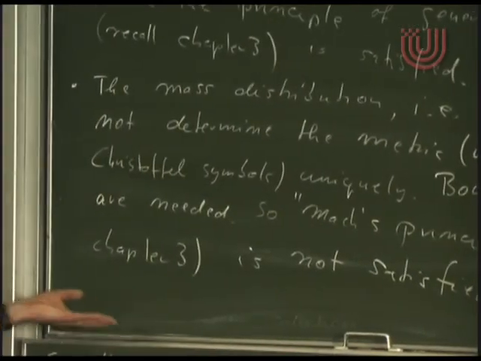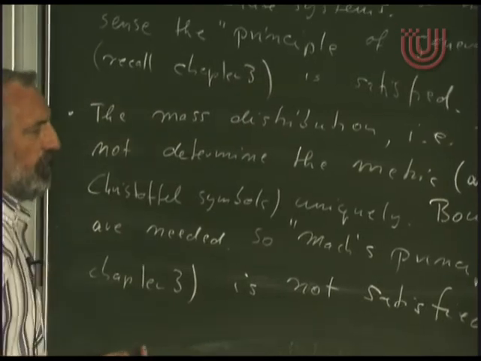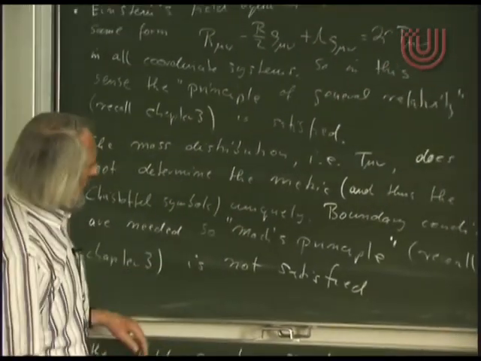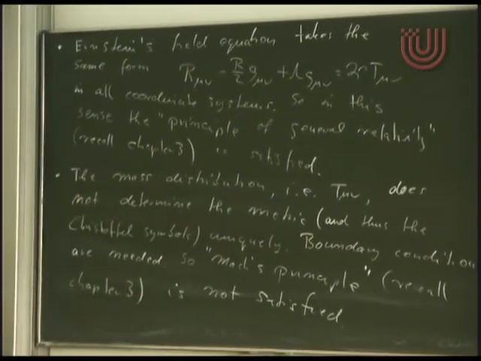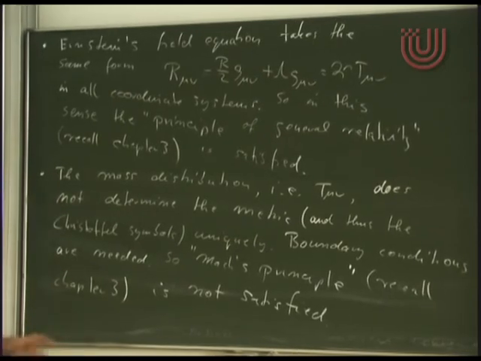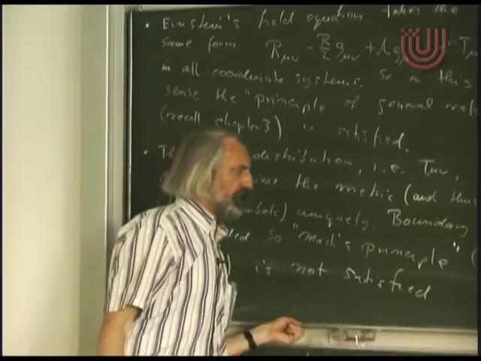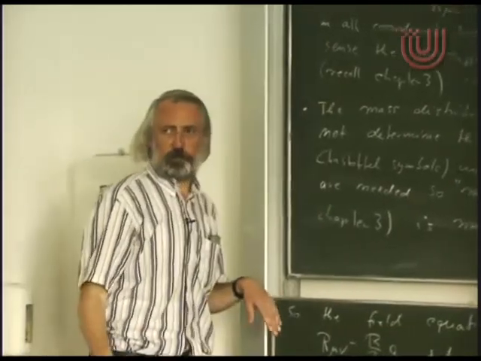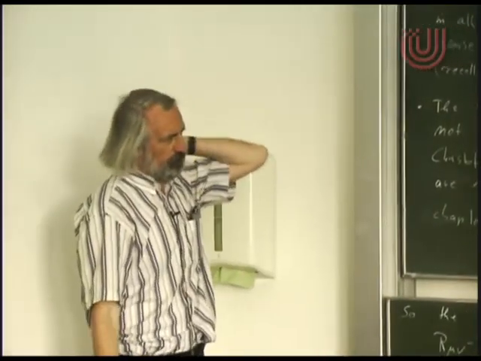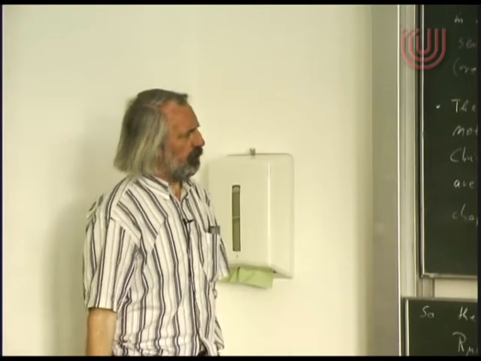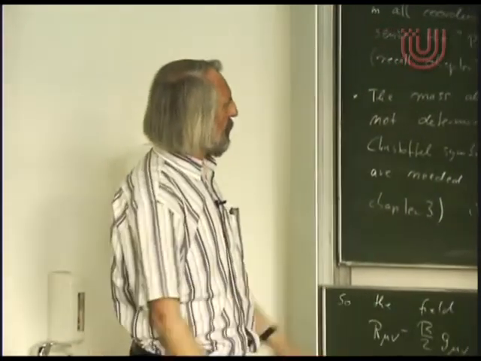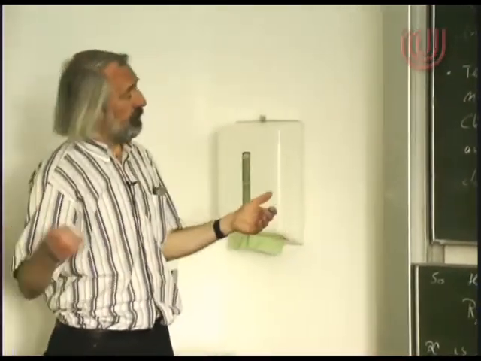Well, there are some people, actually several people, who try to salvage this in a way, who say, well, maybe one can formulate Mach's principle in a slightly different way, and maybe then it is satisfied. And there are still big conferences about the validity of Mach's principle. A couple of years ago, there was such a conference here in Germany where, I wasn't there, but people told me that it was highly controversial what sort of interpretation of Mach's principle could be associated.